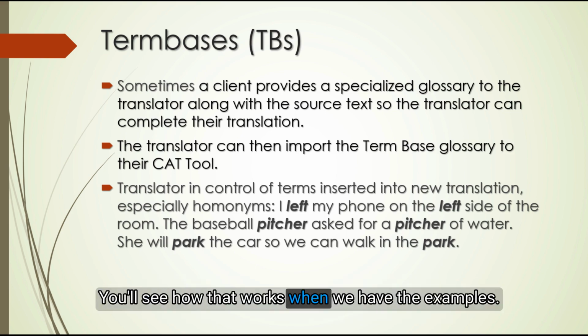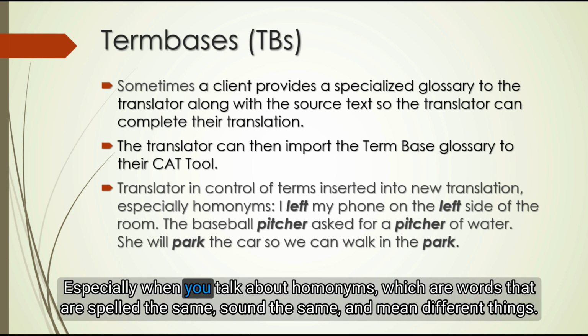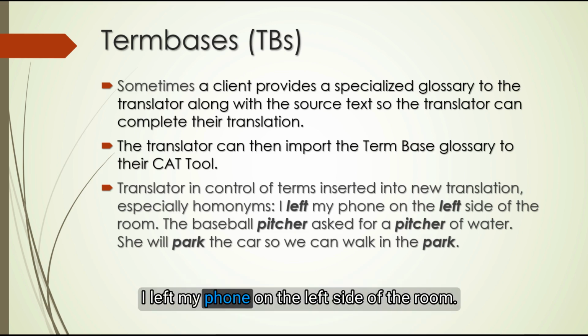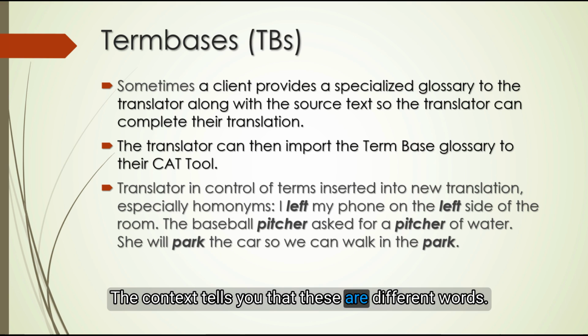You'll see how that works when we have the examples, especially when you talk about homonyms, which are words that are spelled the same, sound the same, and mean different things. In English, as our example here, the word left means two different things. I left my phone on the left side of the room. The context tells you that these are different words.